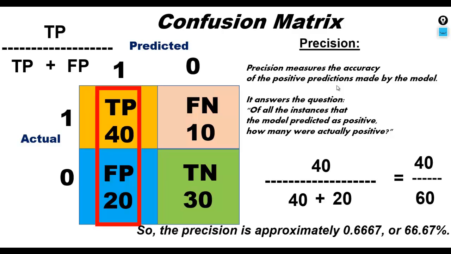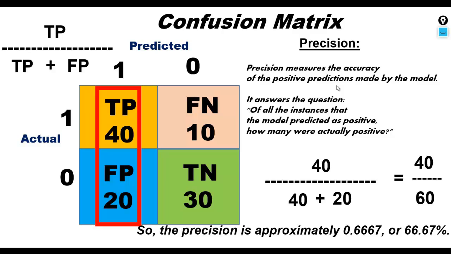So this way we can calculate precision for positive class. As I said, we can calculate precision, recall and F1 scores for the negative class as well. That we are going to do next.